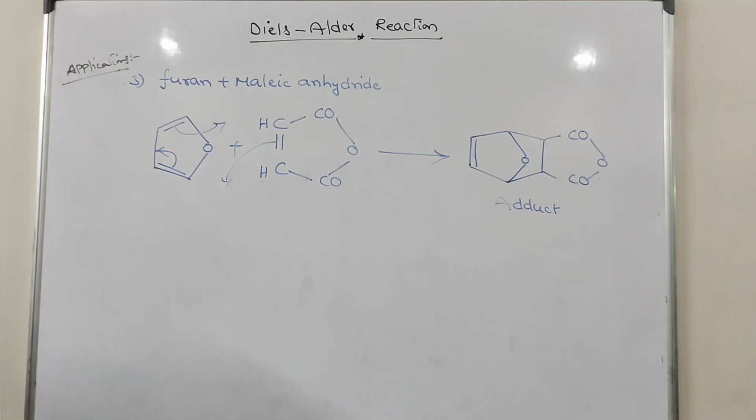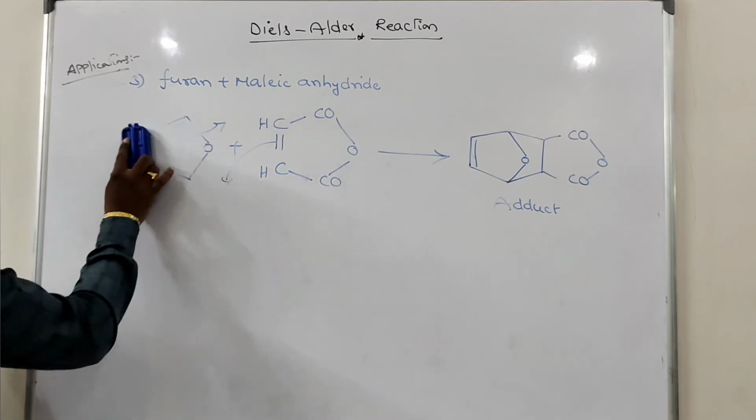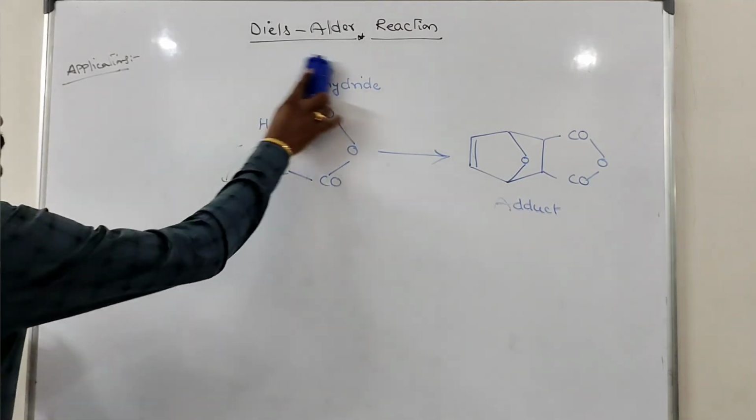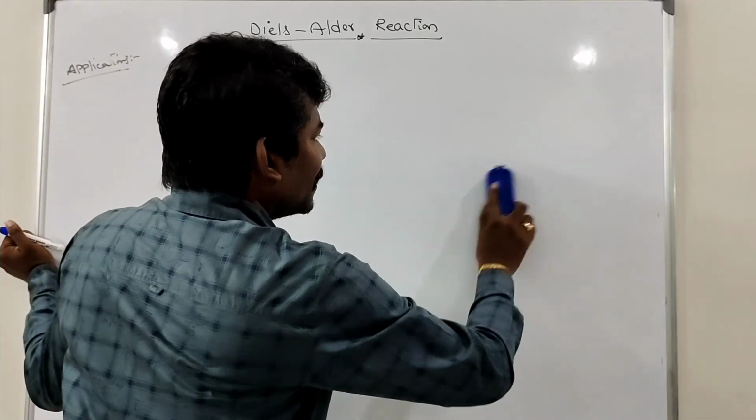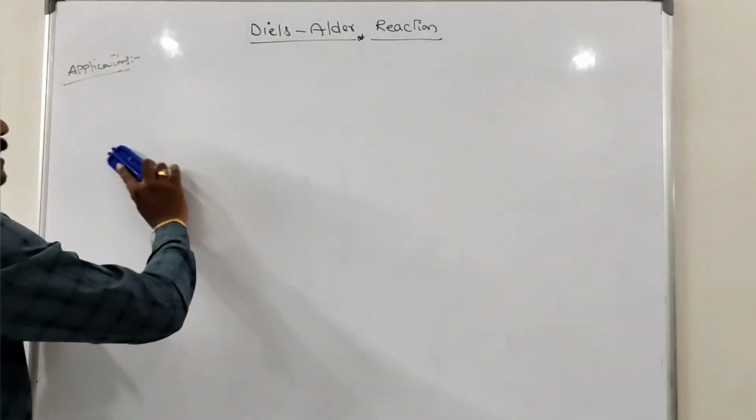We have already discussed the dienophile. A dienophile may be in cis or trans form. What happens when the cis or trans dienophile reacts with a conjugated diene?